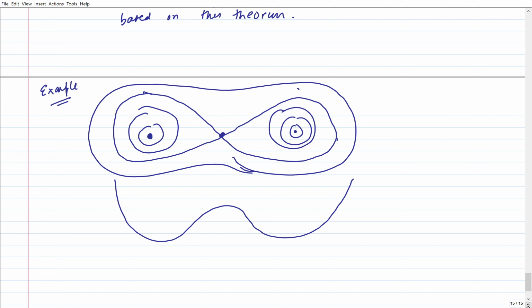So these are the closed trajectories, and then there's a trajectory that goes like this. Sorry, I got the arrows wrong.